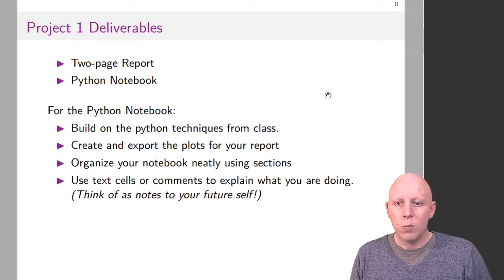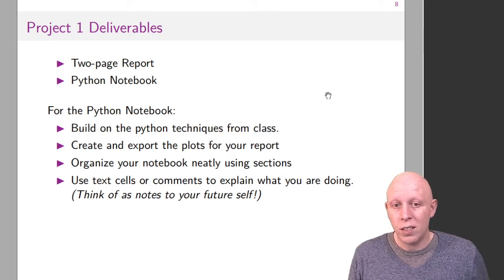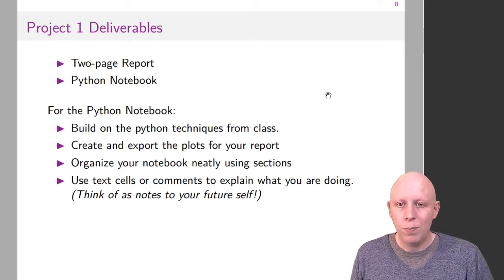In particular, for the Python notebook, what your simulation should do and what should be in your notebook is that it should build on the techniques that we've been using from class to create the basic bike share model.